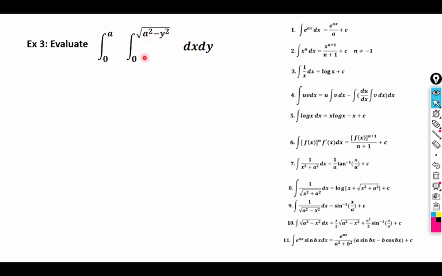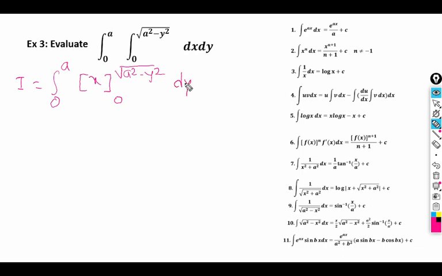So obviously we can keep the same order there. So the integral I will become, now there is no integrand, which means 1 dx dy. We have to integrate 1 with respect to x. So obviously the integral of dx is x. The limits are 0 to root of a square minus y square, and that is dy then.